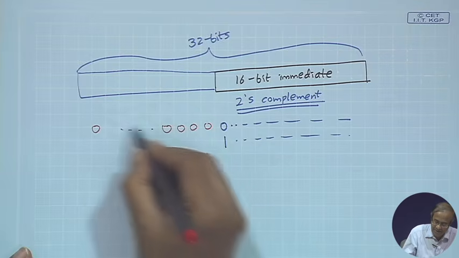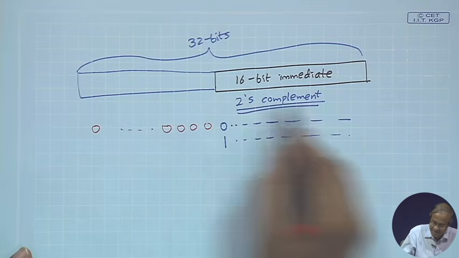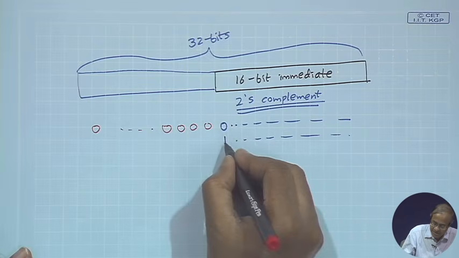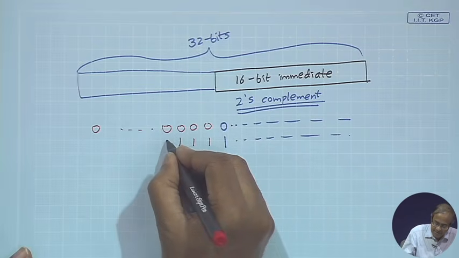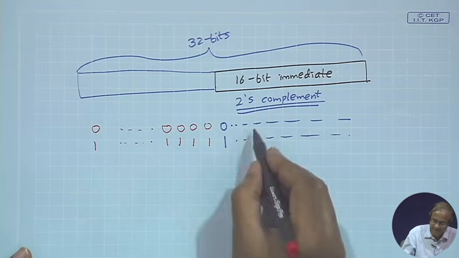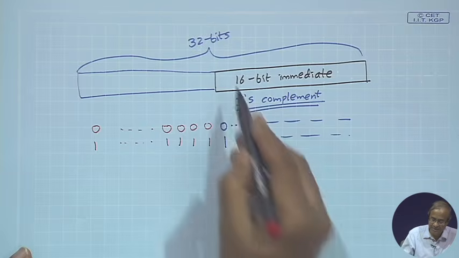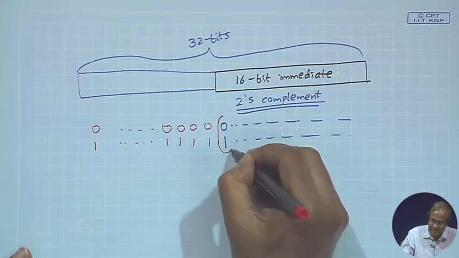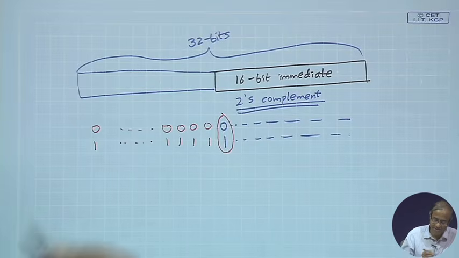That will make the same number in 32 bits. For a negative number, similarly, if the sign is 1, you replicate 1 in the first 16 bits. The value remains the same. Okay. So, sign extension means just this, you replicate the sign bit 16 times, right.